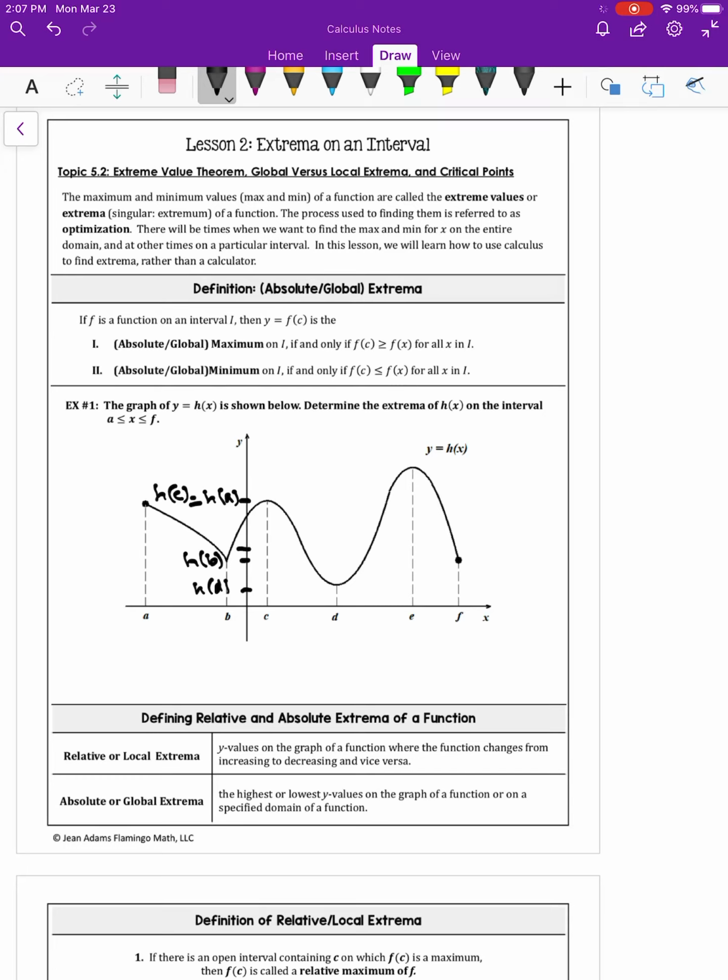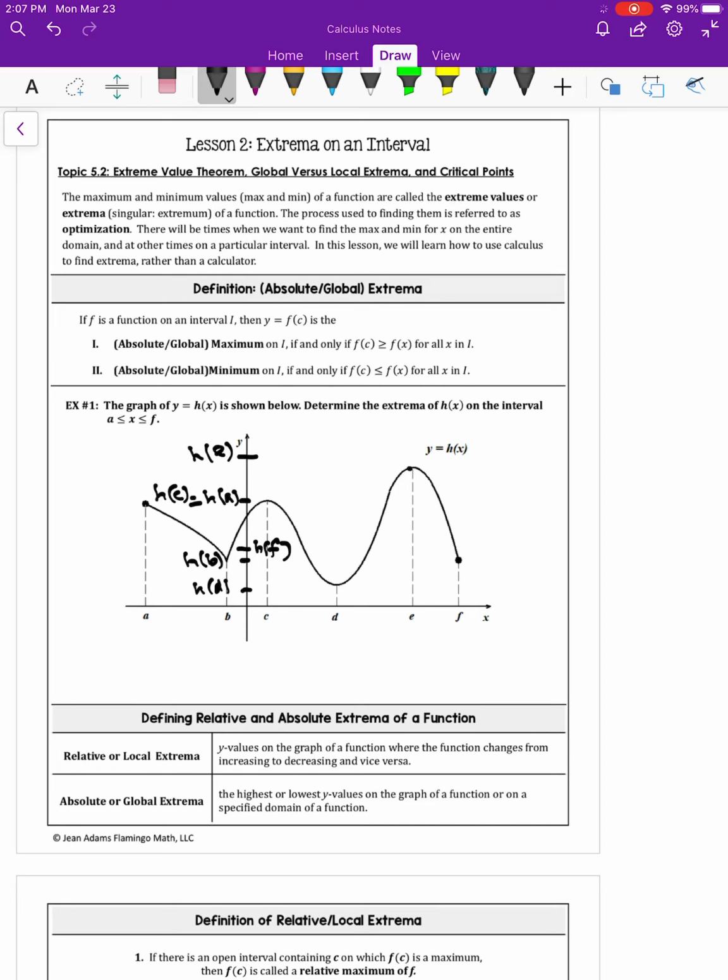Follow this one over, and it looks like h of f is about right there. Follow this one over at E, and you've got h of E up here.